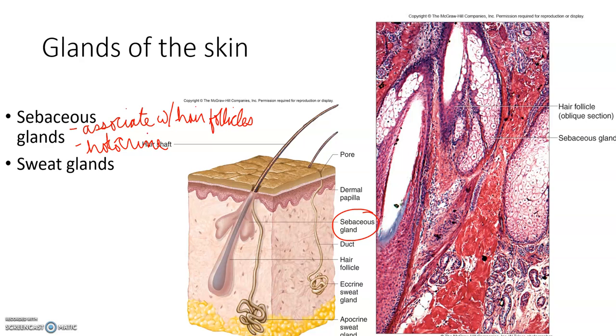What they secrete is a fatty material and the cellular debris that goes along with these degenerating cells. So holocrine, and they secrete a lipid-based secretion, so a lipid substance.